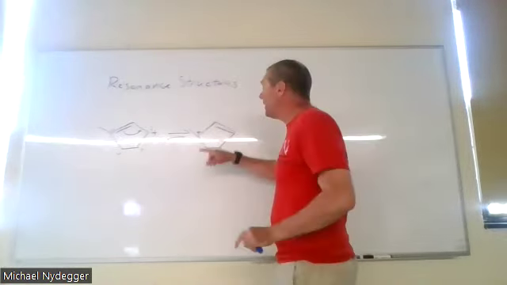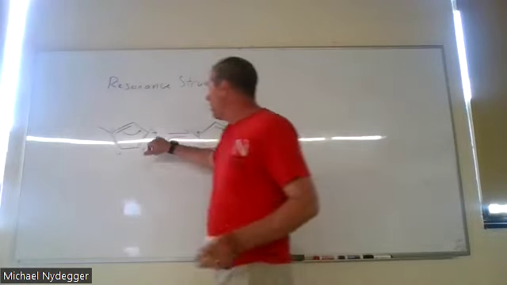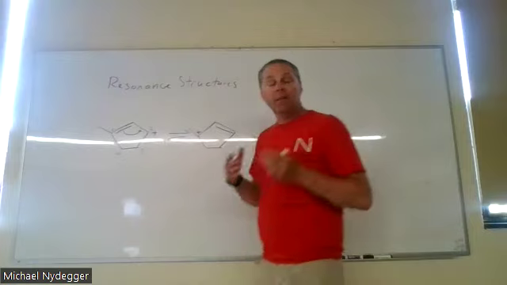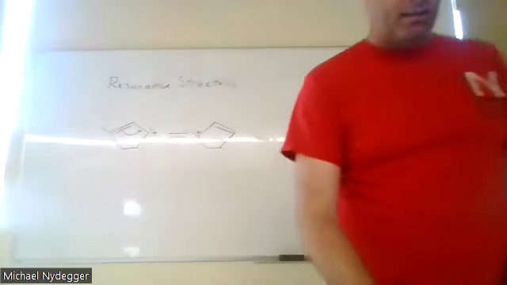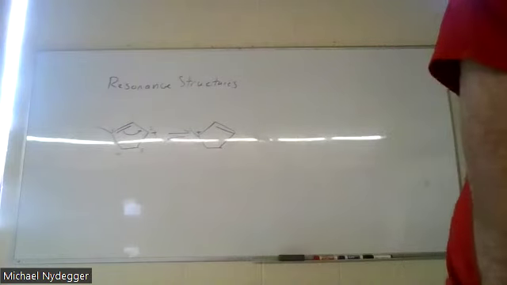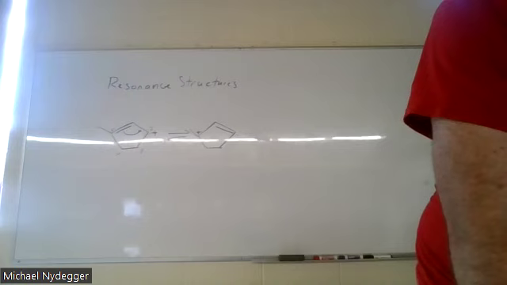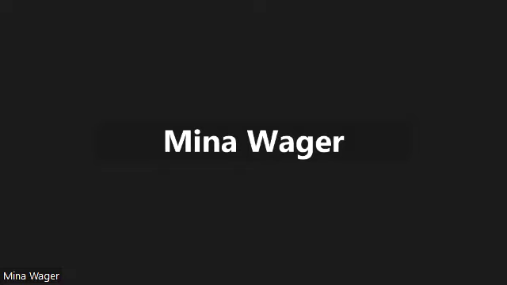In actuality, this plus charge gets delocalized, spread out over those two carbons, making it a fairly stable ion. That makes sense? Yeah. Okay.